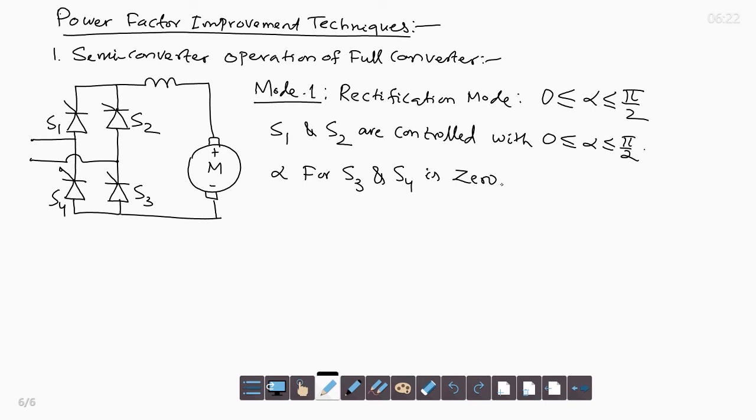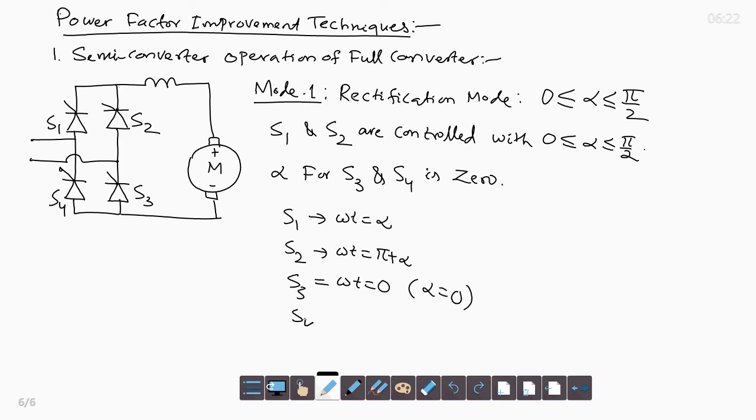S1 is turned on at omega t equals alpha, S2 is turned on at omega t equals pi plus alpha, S3 is turned on at omega t equals 0, that means alpha equals 0, and S4 is turned on at omega t equals pi, that means alpha equals 0. Between omega t 0 to alpha, S3 and S2 are conducting.